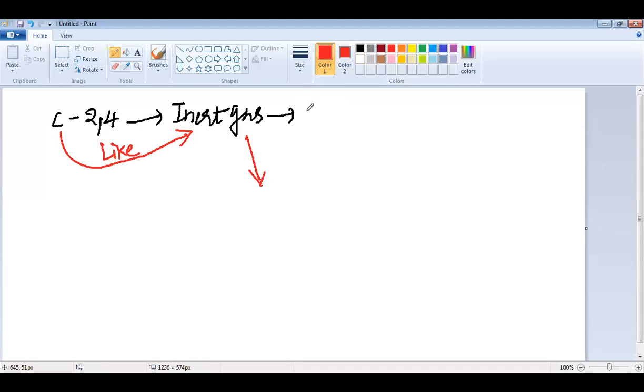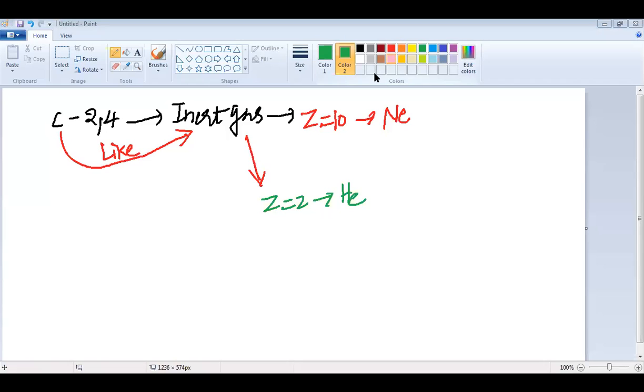One is Z equal to 10, that is neon. The other one is Z equal to 2, that is helium. So carbon may convert itself into helium or neon.